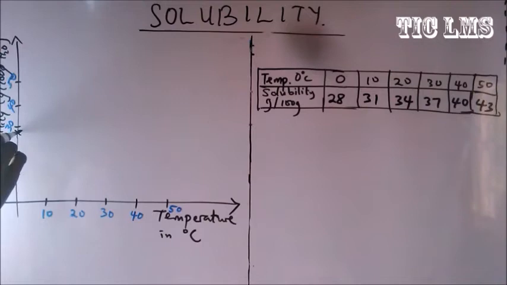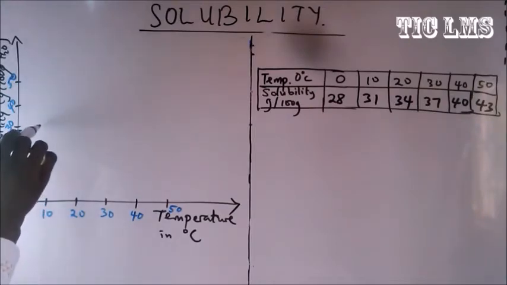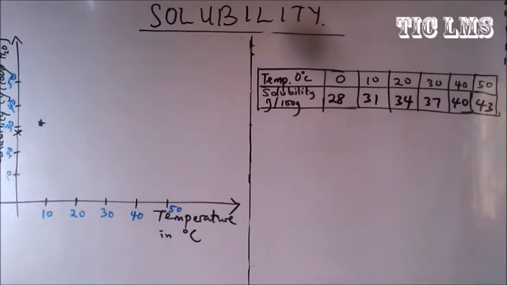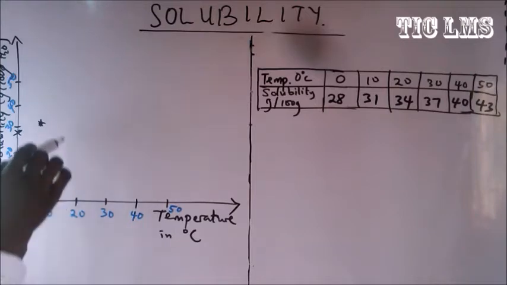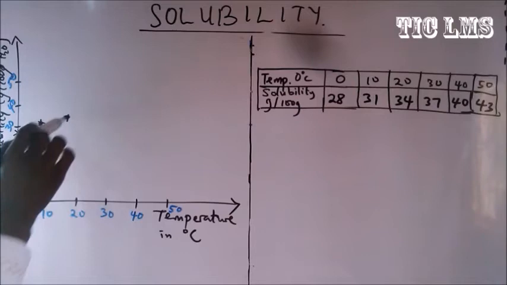So what we can get basically from this table on the board is an estimate. At 10 degrees Celsius, we have 31. So 31 will be somewhere around here. Then at 20 degrees Celsius, we have 34, somewhere close to this place.